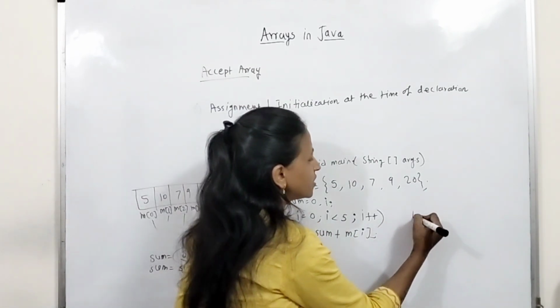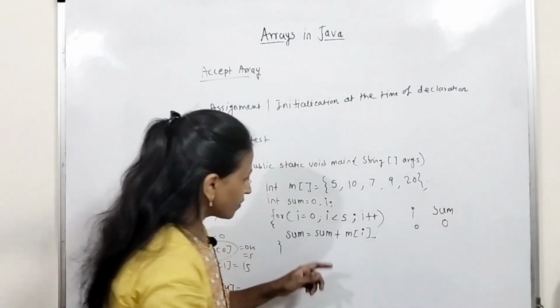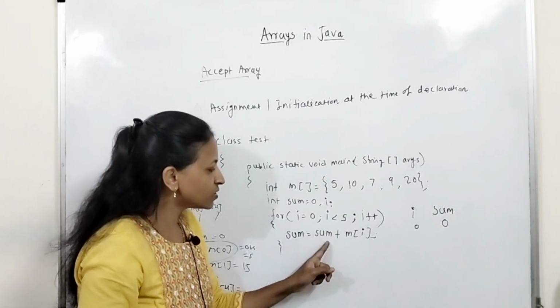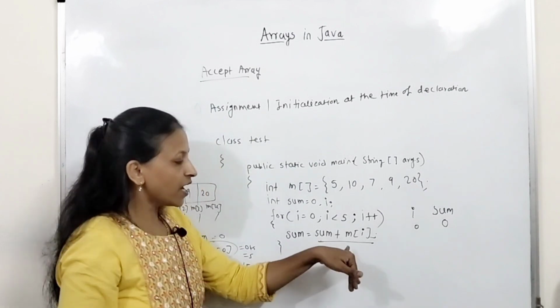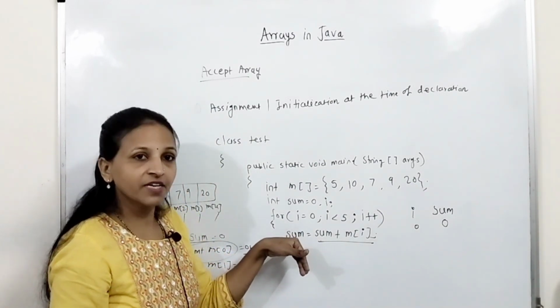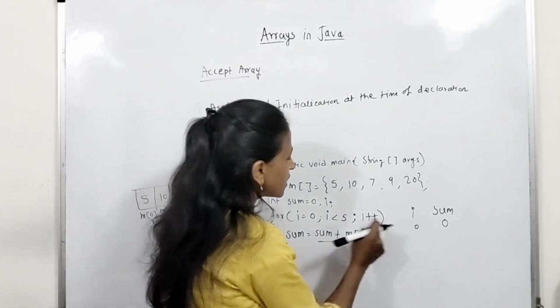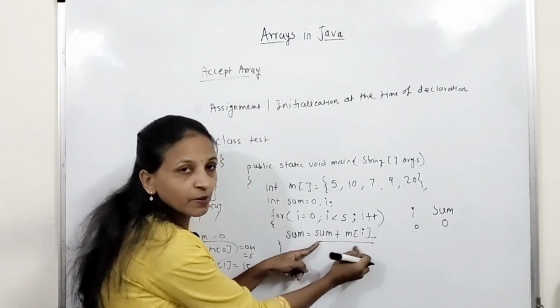See, i is initially 0, sum is also initially 0. i is 0, condition is true, control will come inside, sum equal to sum plus 0. Always keep in mind the right hand side will be executed and whatever computed value will be stored inside the left hand side variable. Okay, and that's why sum equal to sum plus m of i: this part will be executed first.